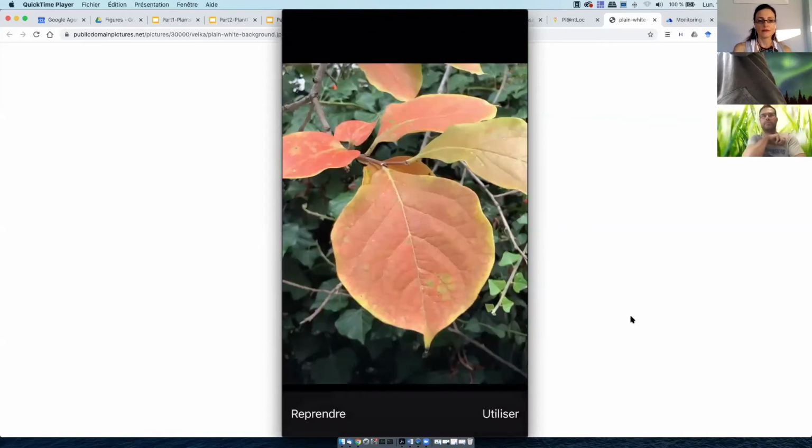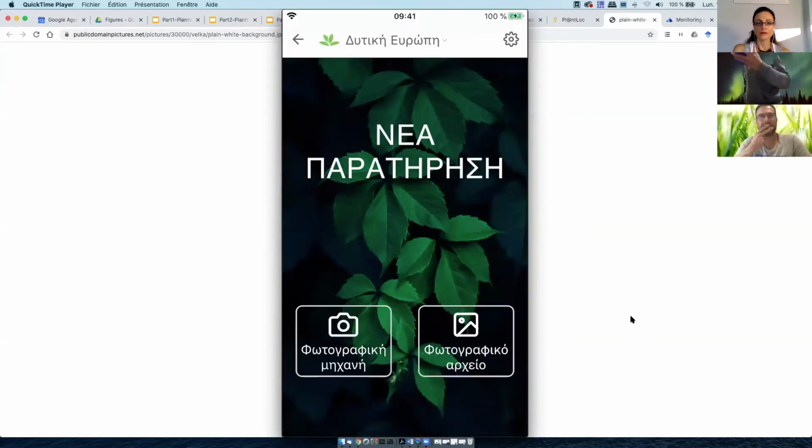Here with a leaf in the center, at the widest size possible, in order to avoid too much background or noise. I try to select a good sample without too much damage, without insects inside. Then I click on use the images.